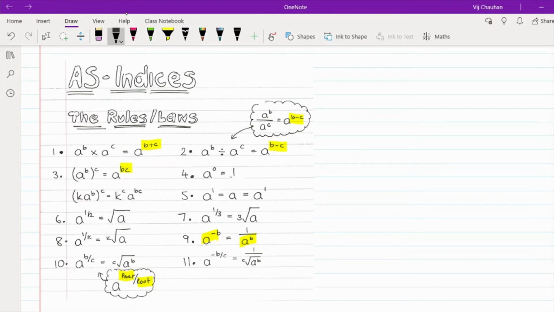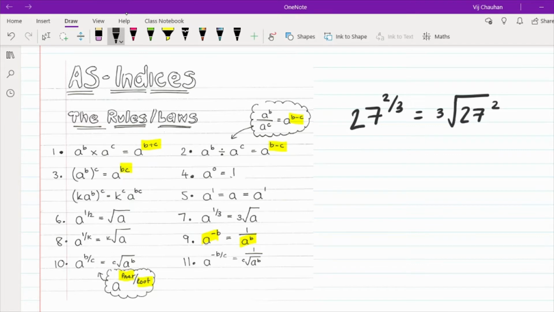It shouldn't really make a difference, but you would tend to find that one is definitely going to be easier than the other. So for example, if I had 27 to the power of 2/3, what that equals is the cube root, because the denominator is 3, of 27 squared. So I've either got to choose whether I square 27 and then cube root it, or cube root 27 and then square it.